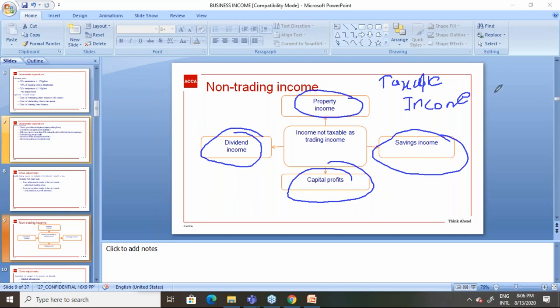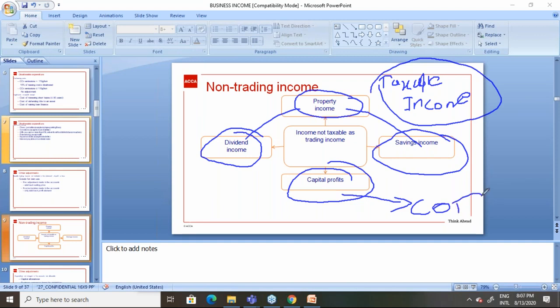We include trading income, property income, dividend income, and interest income. But we do not include dividend income, property income, and savings income under the heading trading profit because they should be treated as three separate sources of income, not under the heading trading income. After adding all those income, we will be able to calculate the taxable income. Capital profits will be subject to a separate tax under CGT. So that's how it works.